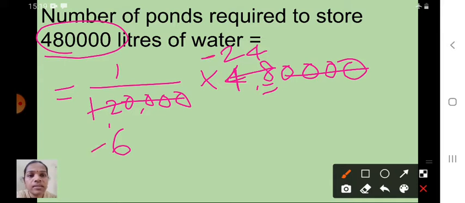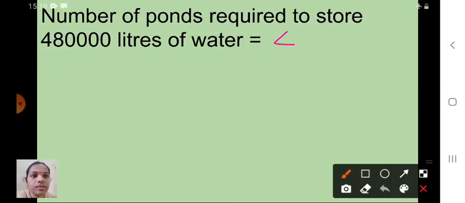And here 6, 6 ones are 6, 6 fours are 24. So what is your answer here, children? 4. So how many ponds? 4 ponds are needed to store 4,80,000 liters of water. Understood, children? So this is one answer.